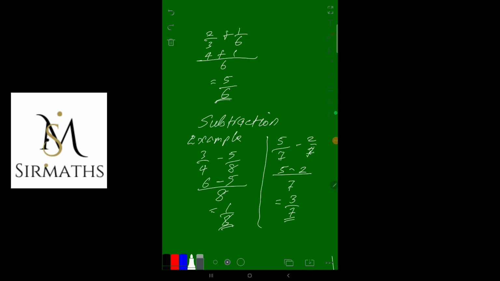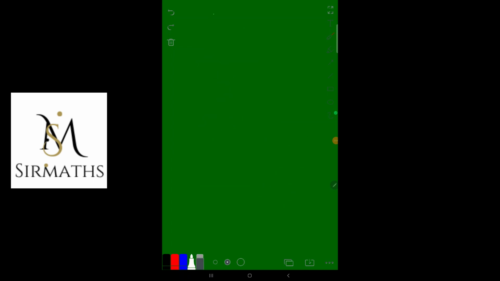Let's go to multiplication of fractions. In your grade 6, you did whole number times fraction.